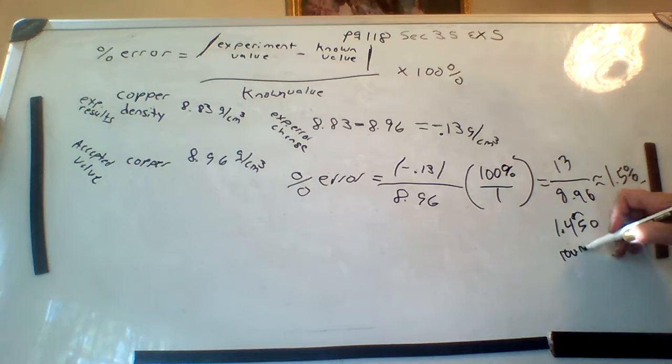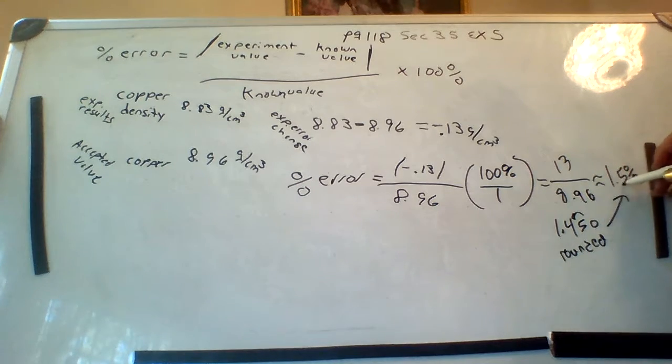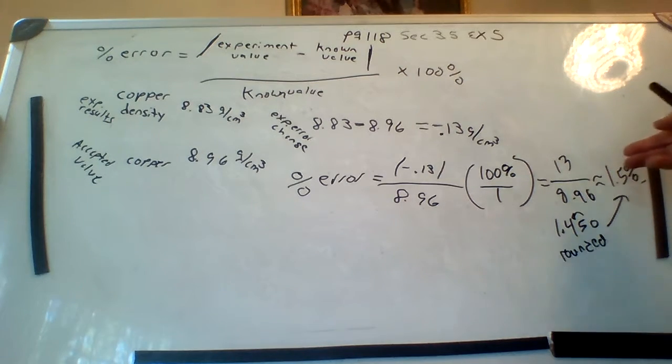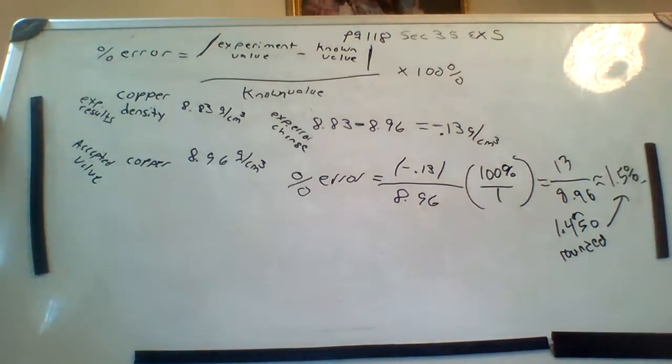So if you need to know how I got that number, they rounded it. If it's 5 or greater, you round up. So that's how I got the 1.5%. I want to make sure you understood that. So that's not bad. A 1% error seems kind of low as far as that goes for example 5.